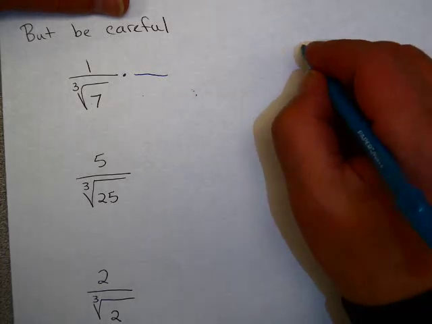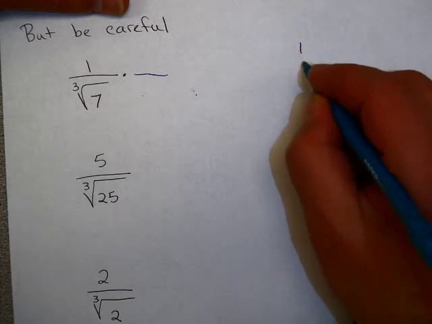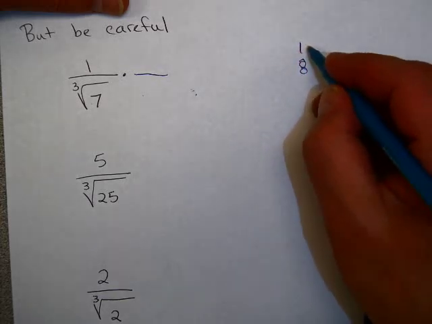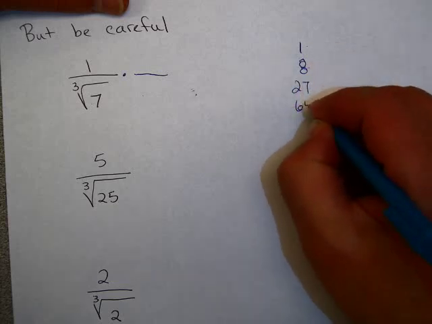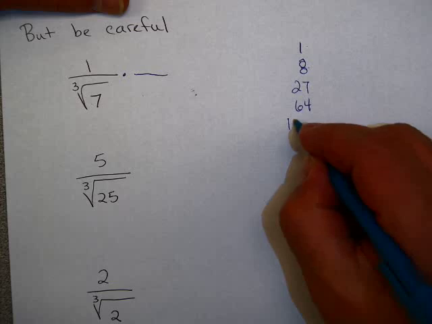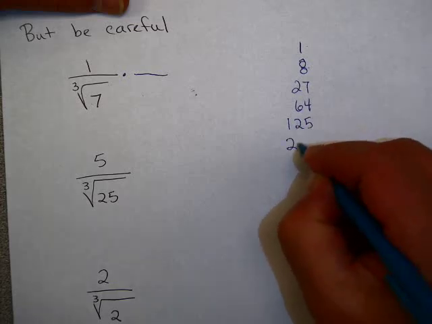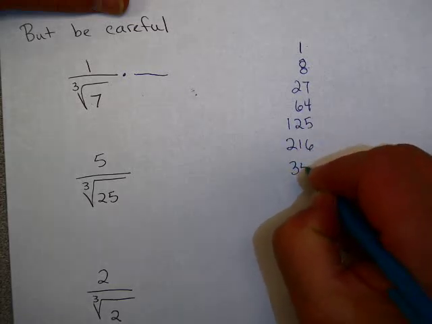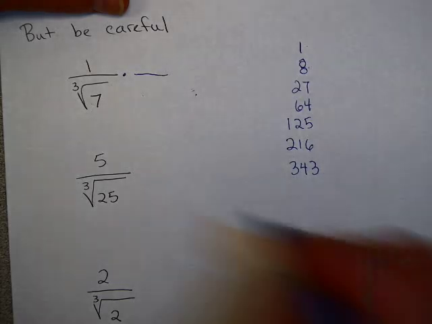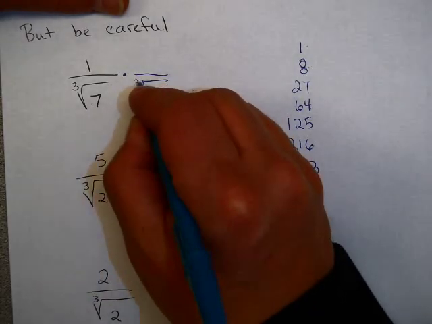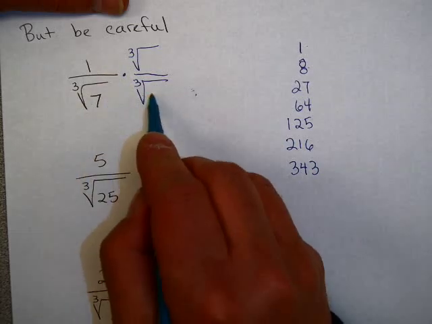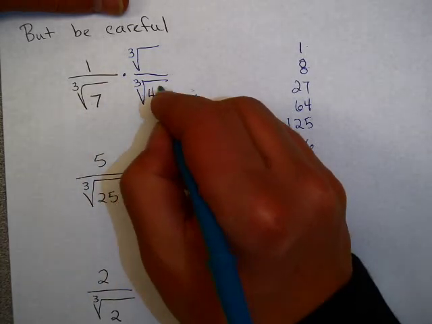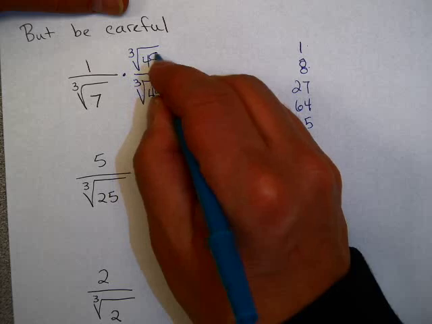What I want to do is find a number here that will turn into one of these perfect cubes. And remember them again. That's 1, 8, 27, 64. Next one is 125, 216, 343, and so on. So I am going to multiply by the cube root of, this is one 7, I'd like two more 7s, so I'm going to multiply by the cube root of 49.